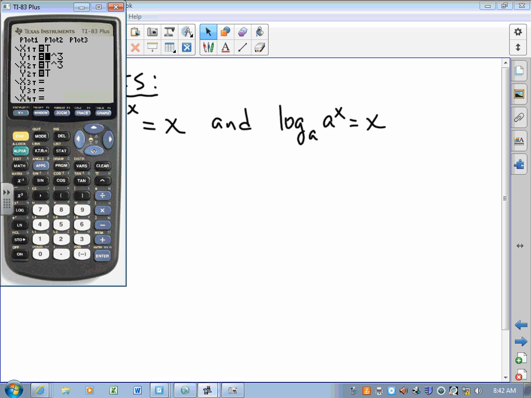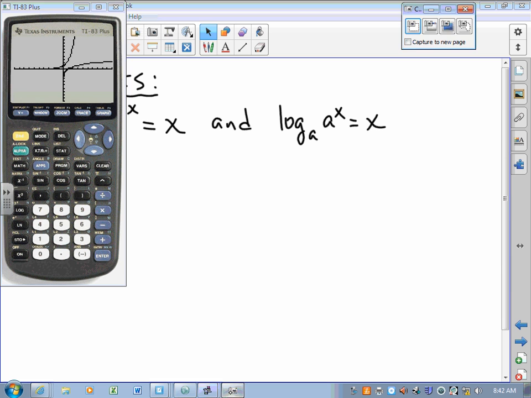Let's say that I wanted to graph e to the t, and then I wanted to graph its inverse. So the first graph is e to the x, and the second graph is the inverse of e to the x, which we all remember to be the natural log function.